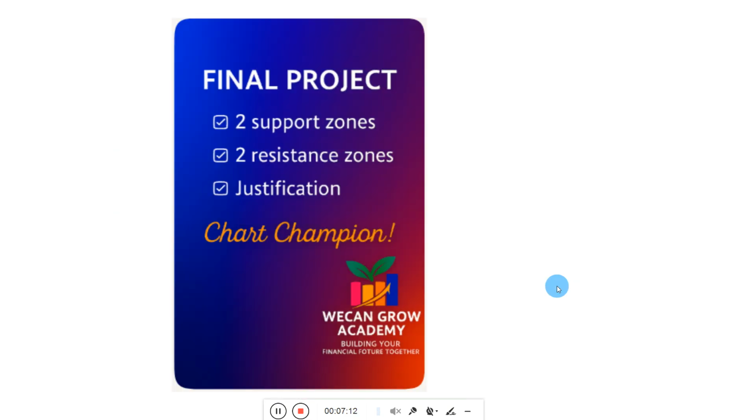So this is your final challenge. Identify two support zones and two resistance zones, and explain why you chose them. This is where theory meets practice. You are not just drawing lines, you are telling a story with price.